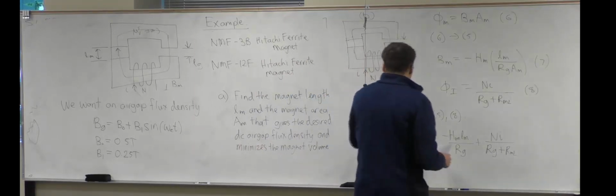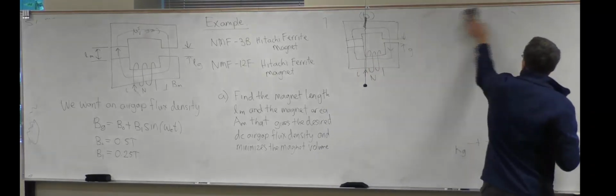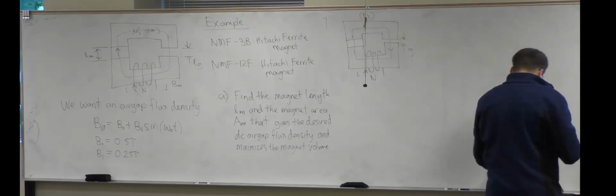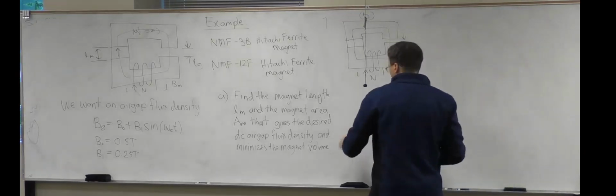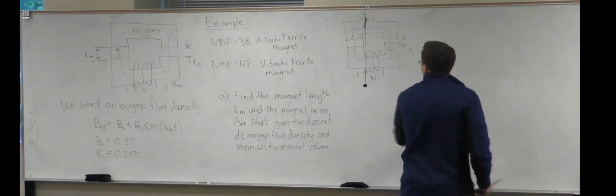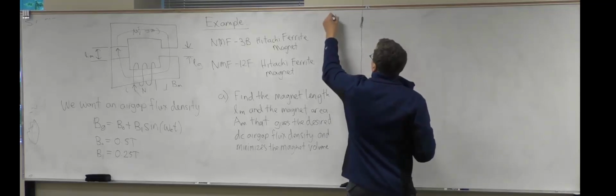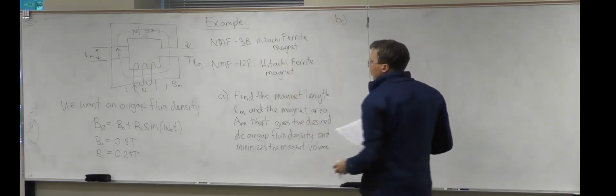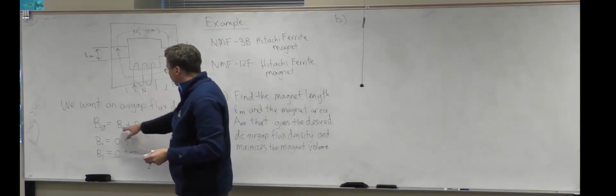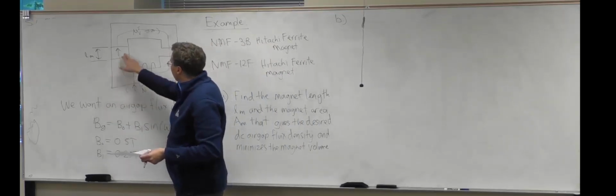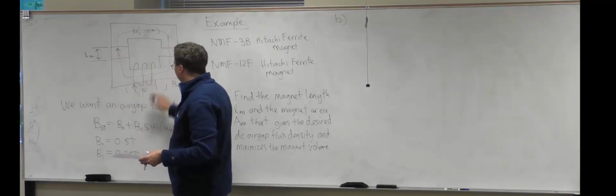And then B is we want to work out what current excitation. So this is fixed, right? So this must be due to the magnet, but this is variable, so this must be due to the current.